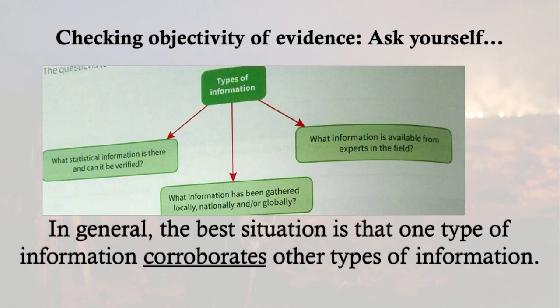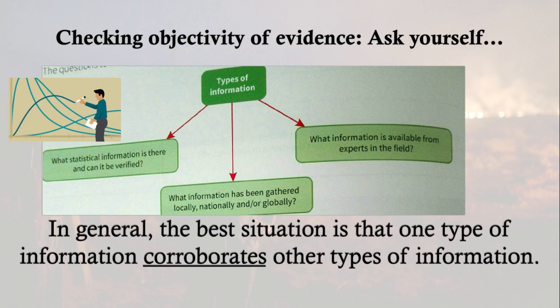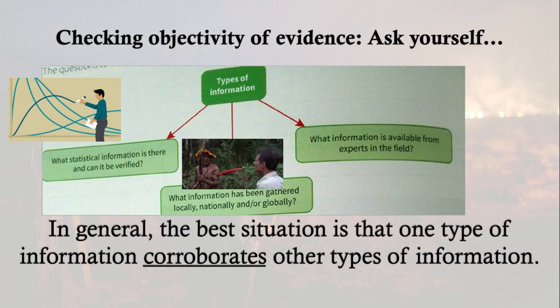Checking the statements David Schickman makes, and whether they're true or not, is connected to a series of questions you should ask yourself. The first question is, what types of information are present in an article? You have statistical data, you have stories covered by international organizations, and you have stories collected by journalists from local people or national situations.